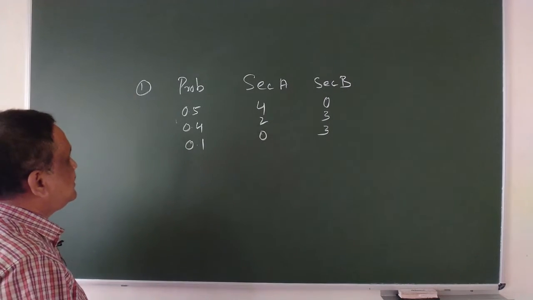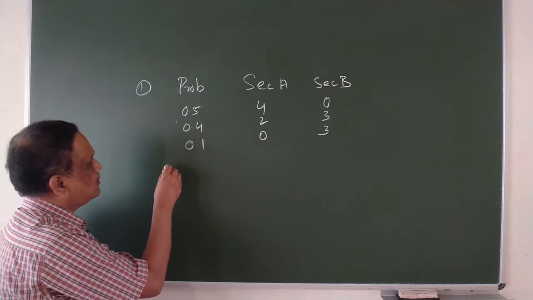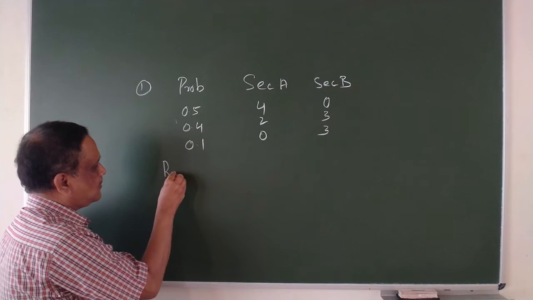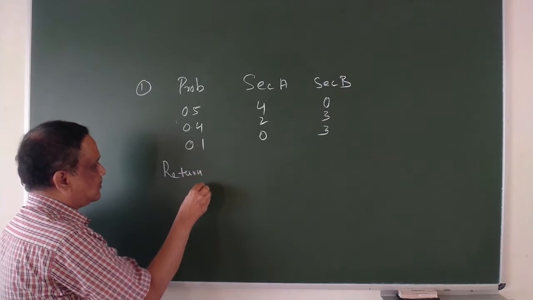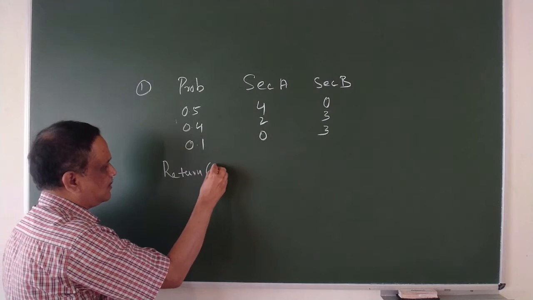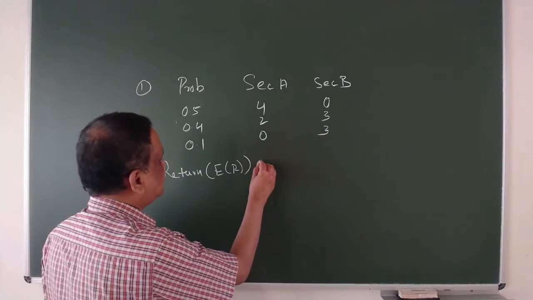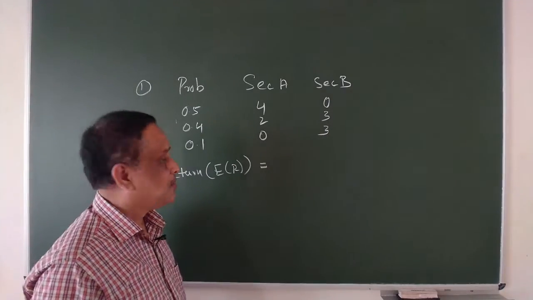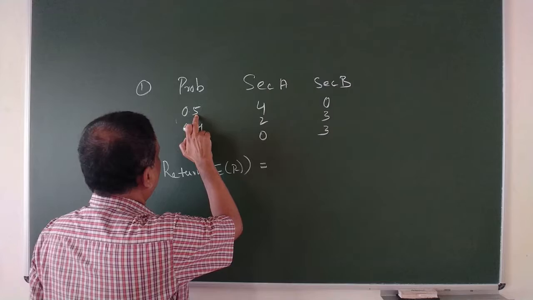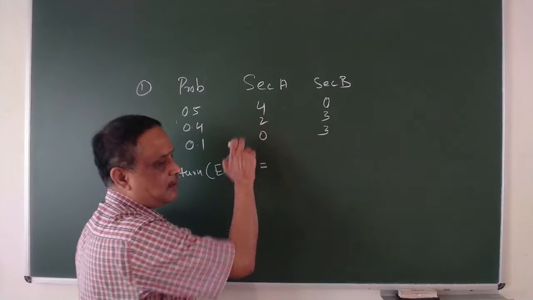First we have to calculate the return, which is called the expected return. It is very simple. You multiply the probability and the return.